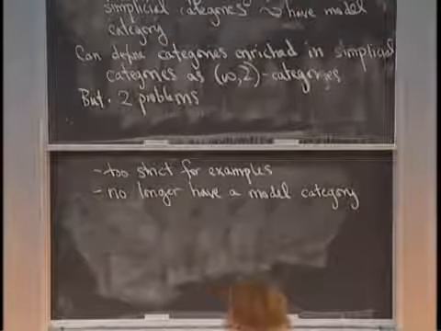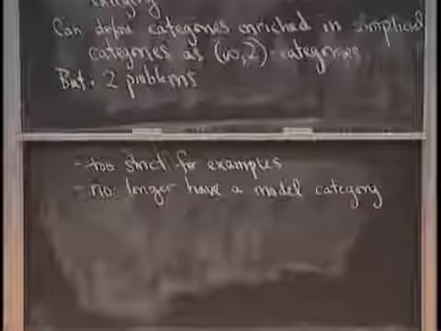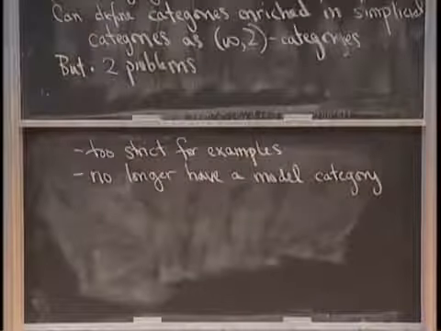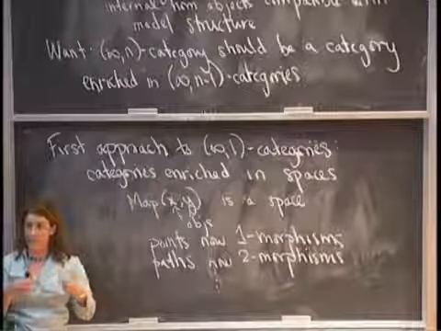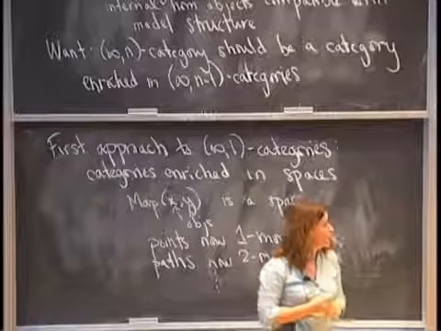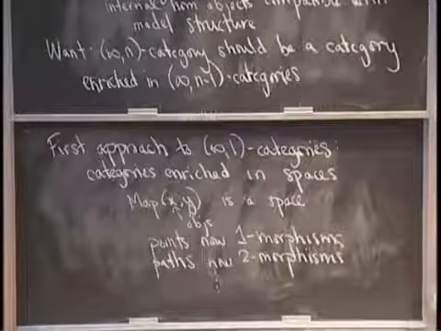So fortunately, we have a lot of other approaches to infinity 1 categories that are weaker in nature. They don't quite have this same strict composition on mapping objects, but maybe some kind of up to homotopy version, and we can make a little more progress when we use them.